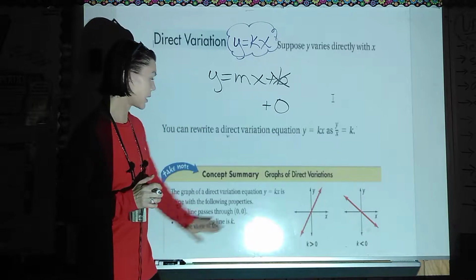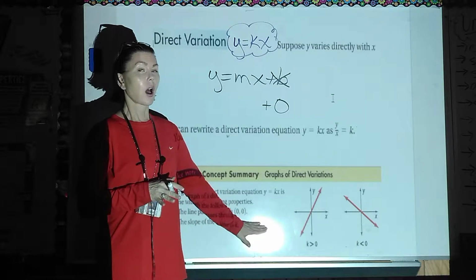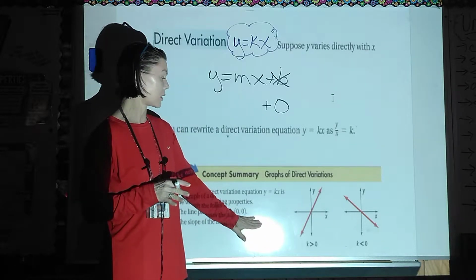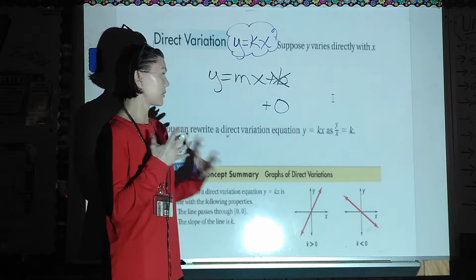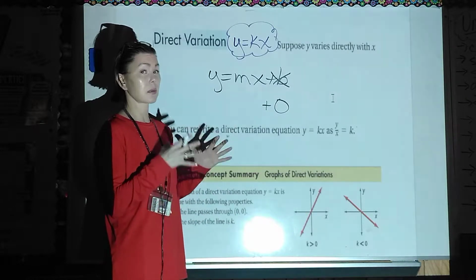So if you look down here, these are the two graphs of direct variations. I'm trying to show you the graph and explain the formula at the same time and show you the similarity.